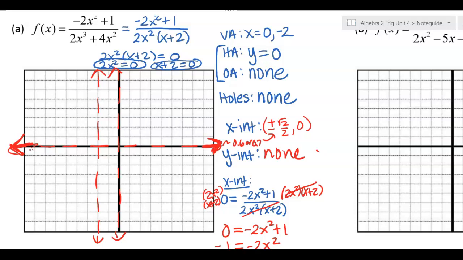All right, I have no holes. If you have a hole, it's actually convenient because then you get to plot a point that's not really a point, but you know that your curve would go through that. It just jumps over that. So it actually would be helpful if we had a hole because we'd have a guiding point, but we don't. And then we have these 2 x-intercepts around 0.6 or 0.7, both positive and negative. So one right here somewhere and one right here somewhere.